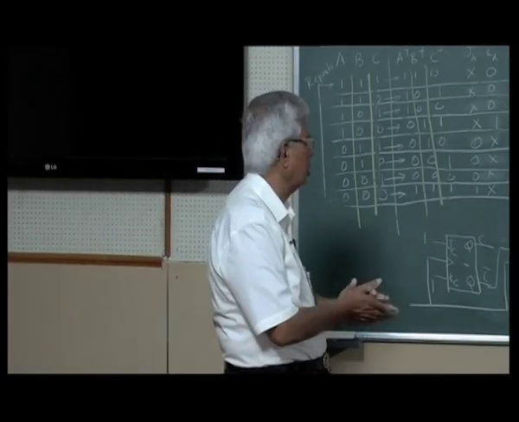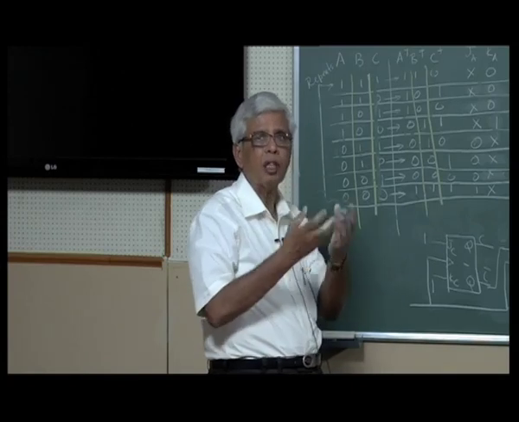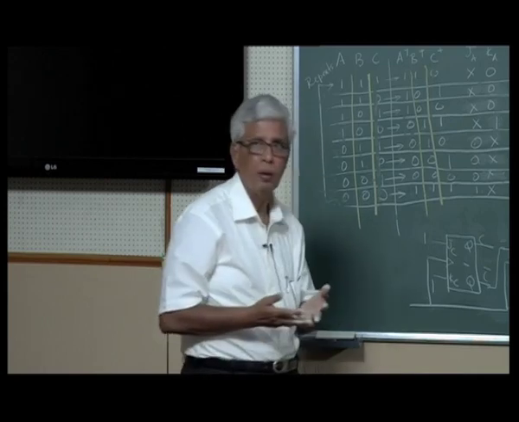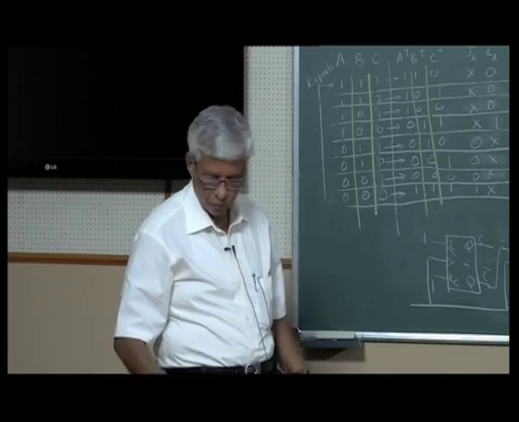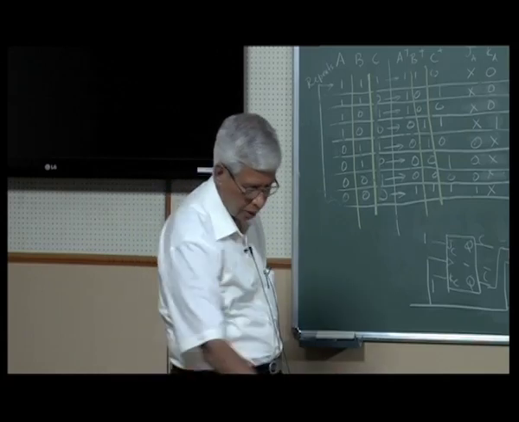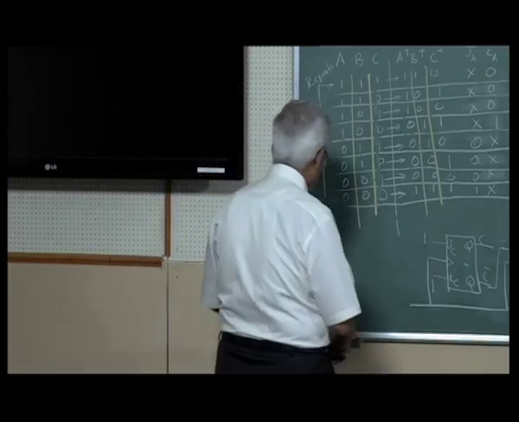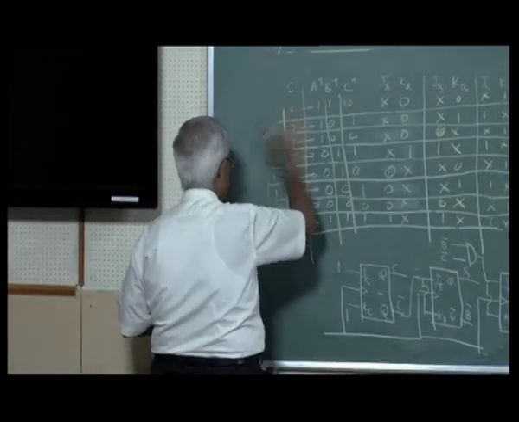I can also have a counter which does not go sequentially. We can go non-sequential. Non-sequential counters are also designed this way, because it depends on the states. You go from state to state, sometimes the states are not in sequence.